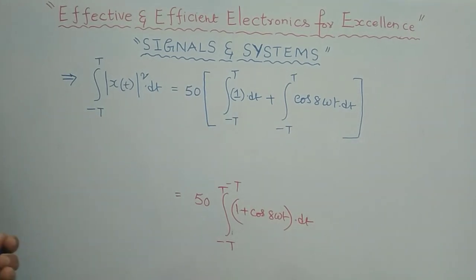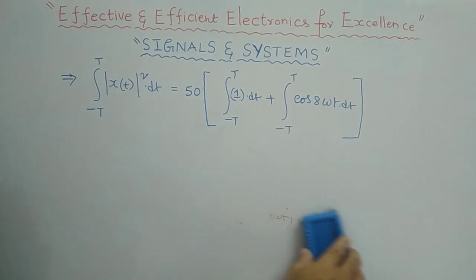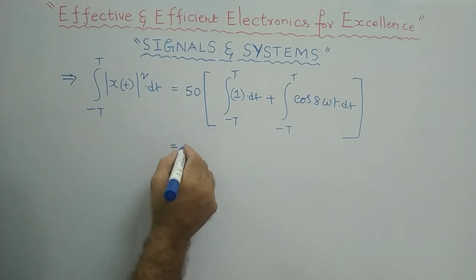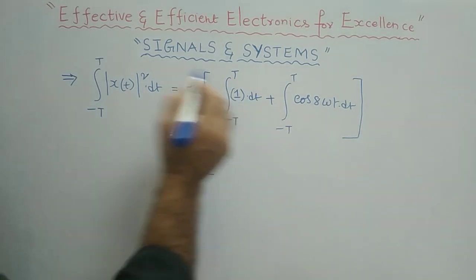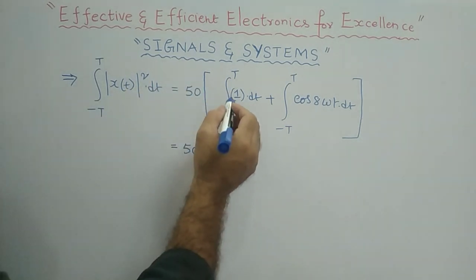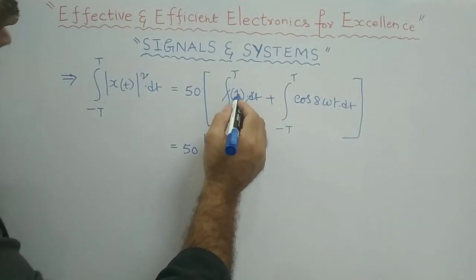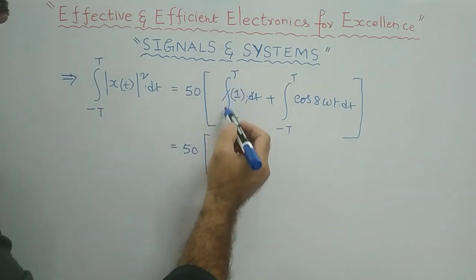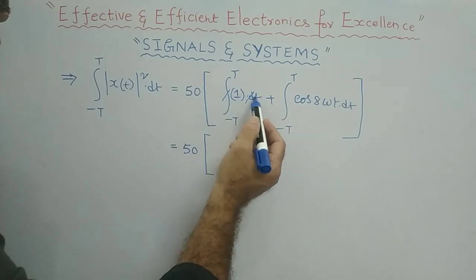Clear? Then what will you get here in the next step? This is equal to 50, which is always there outside. If you apply this integration to 1, the derivative and integration will cancel out, and you will have only 1 into small t. See clearly. So integral of 1 into dt, 1 is nothing but a constant. Therefore integral 1 into dt only.